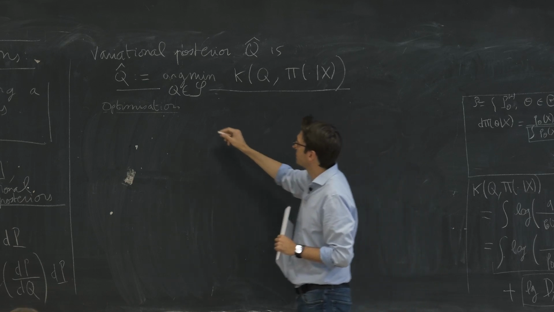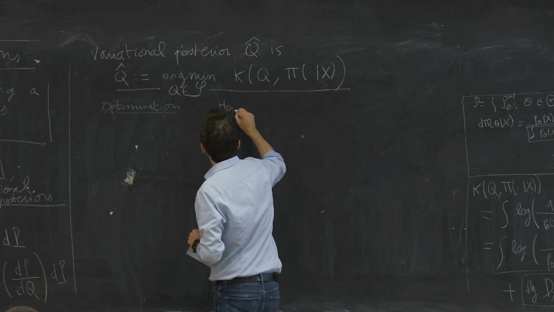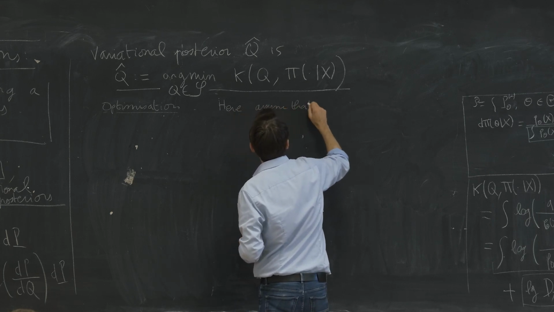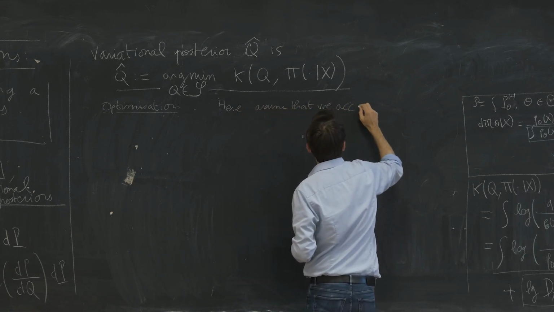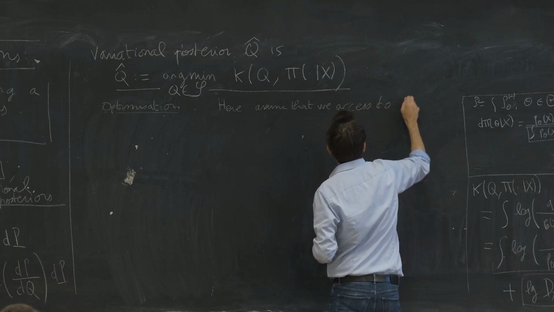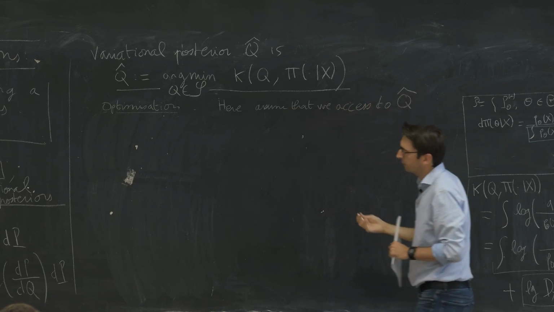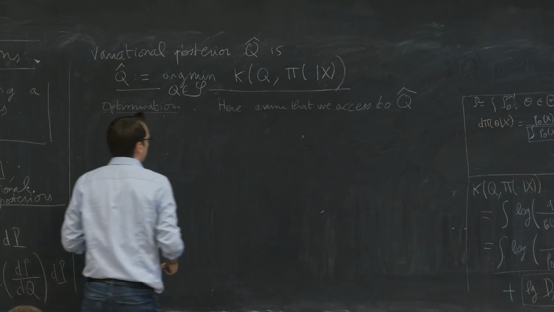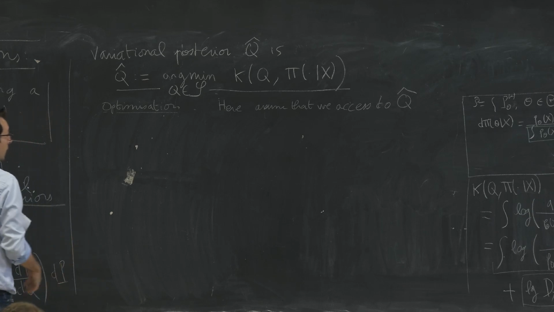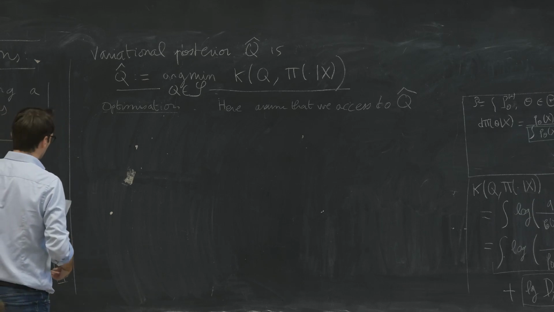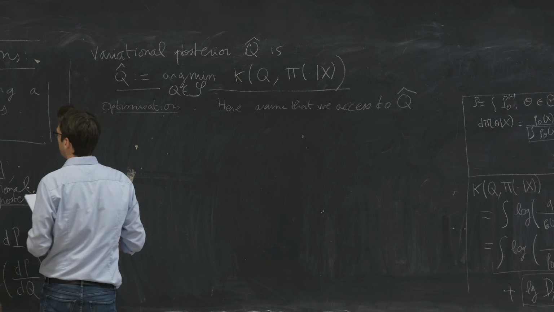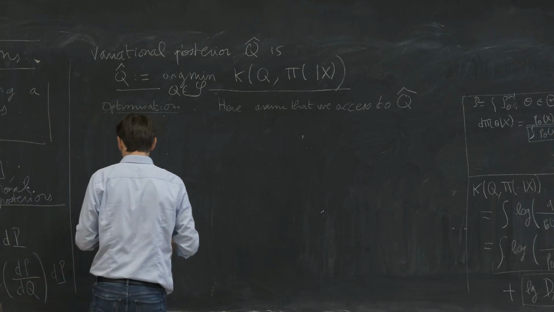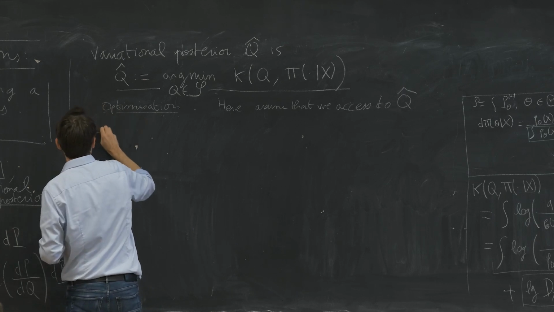So here I will assume that we have access to this optimizer, Q hat, or actually it's enough to have access to a good enough approximation of Q hat, and then try to understand whether Q hat is a good object. Good will be in the sense, does it share at least the same rate of convergence as the posterior? That's one possible question you can ask.